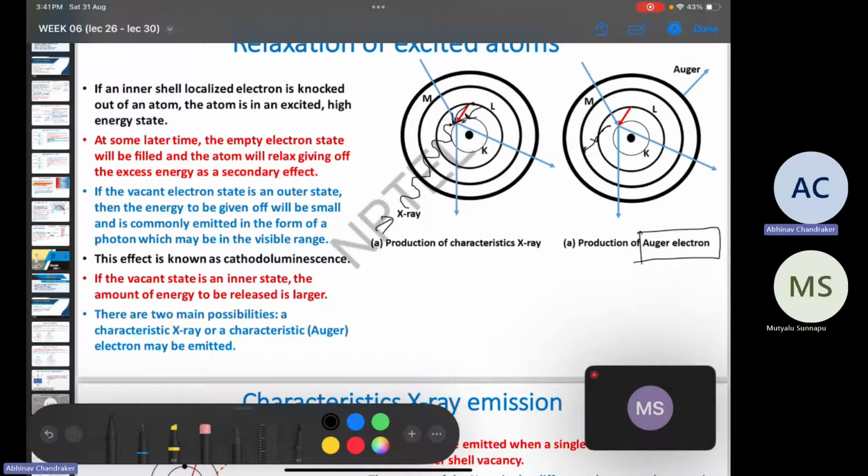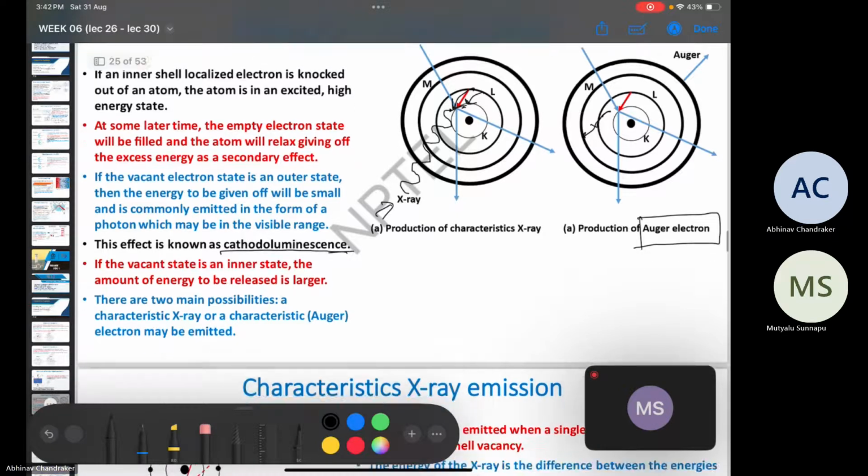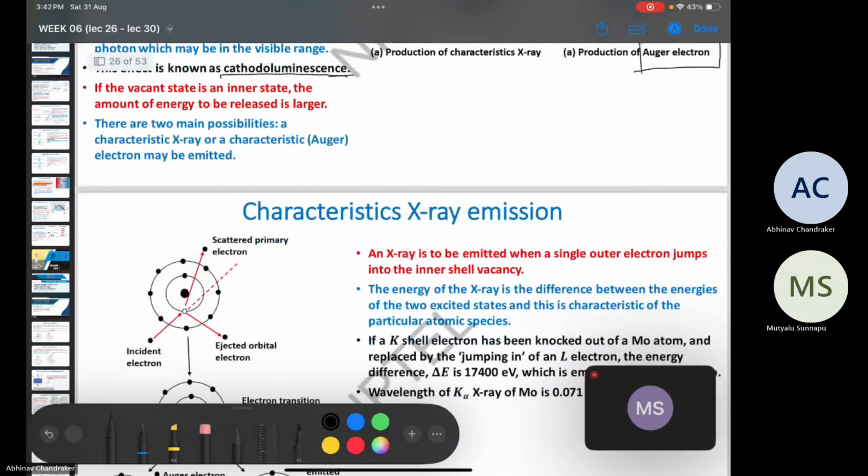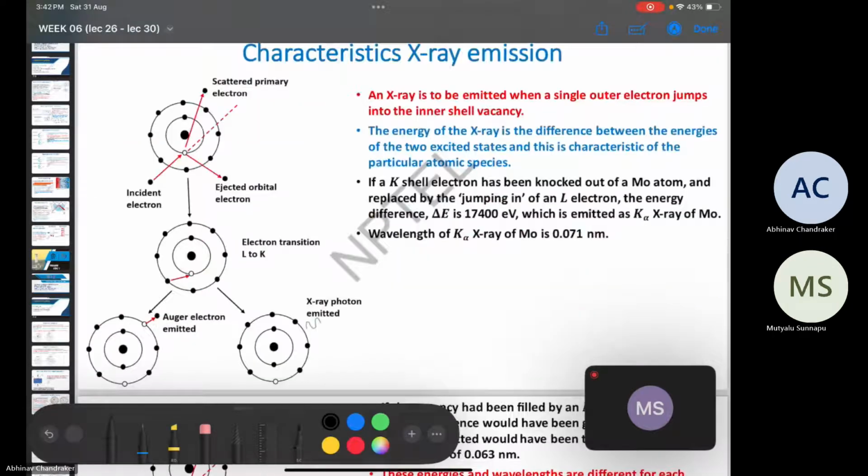Even then, there will be some electromagnetic radiation generated, but it will be of a lower energy, that is, a higher wavelength, and all those radiations are called cathodoluminescence, because many times they have energies which are close to the visible light spectrum, and they are not of much use to us.